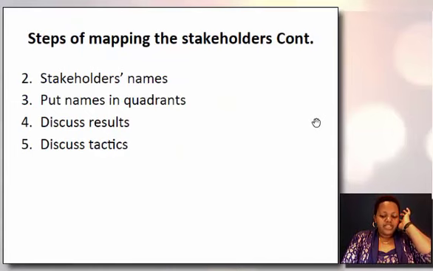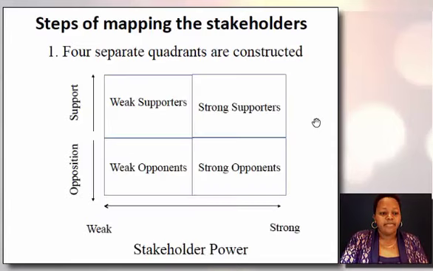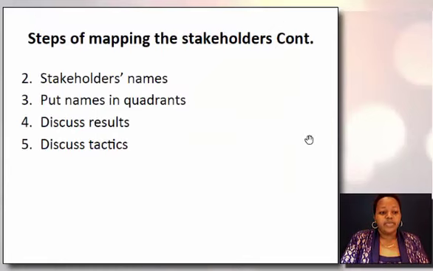The second step is mapping, which is to place the stakeholders' names in the quadrants, as I have explained: weak supporters, weak opponents, strong opponents, and strong supporters. First of all, we identify the stakeholders.